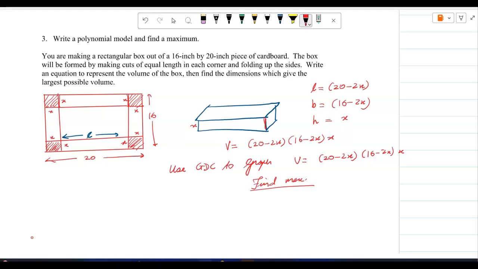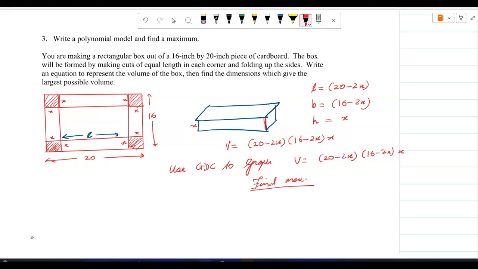View window, you could make it standard. If it doesn't come in that, then you'll have to zoom in properly. Is this it? How much is it? It can't be 181, because this is 20. So view window, you must make it standard.